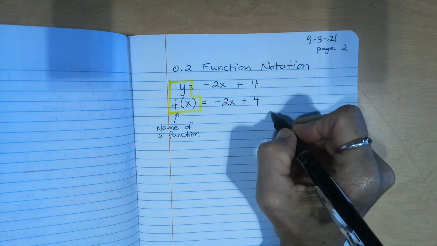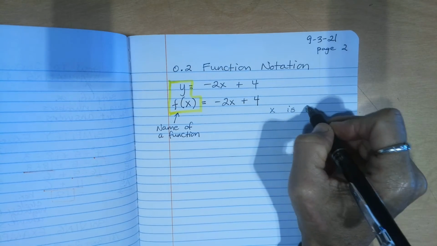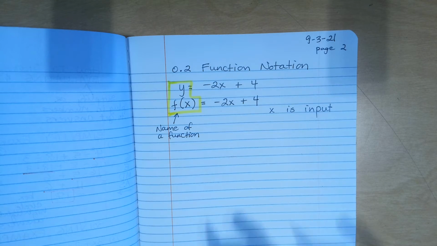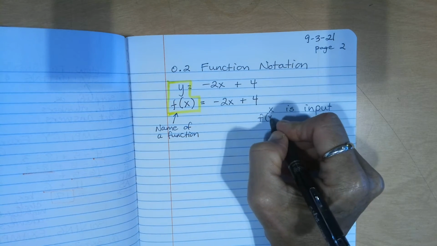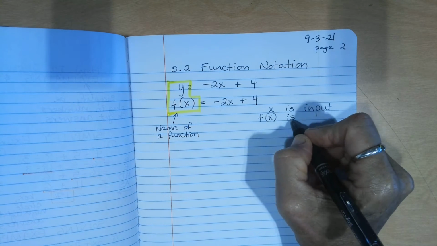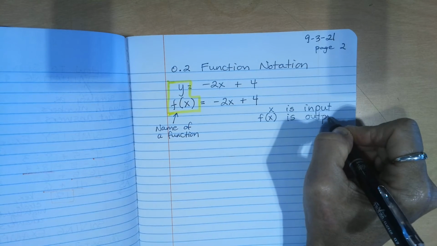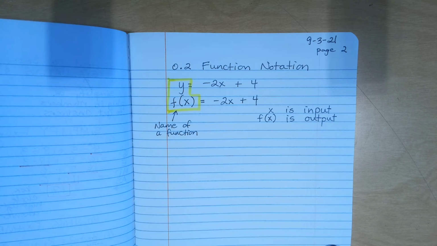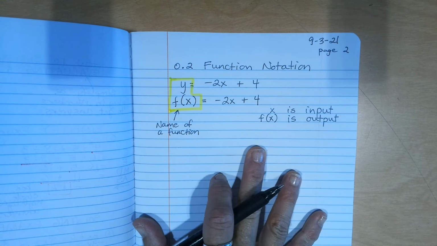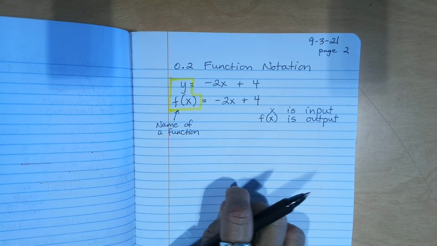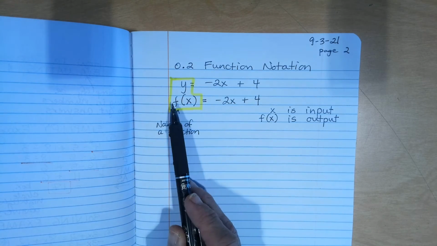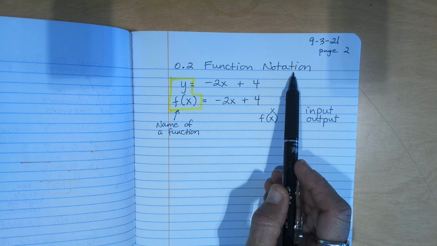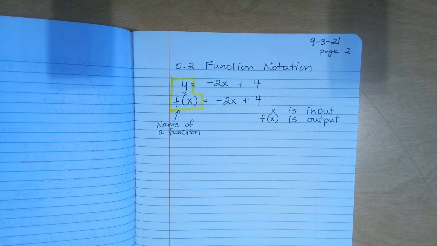X is input, or the independent variable, and the function at x is our output. Okay? So what we're doing is we're just practicing putting things in this notation. Like I said, it's just a different way to write it, so that we all are on the same page.